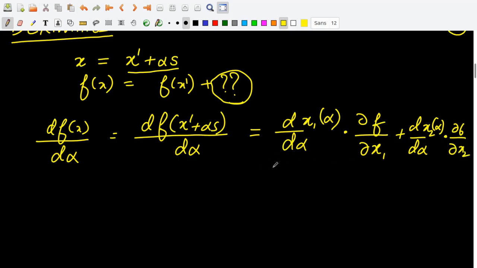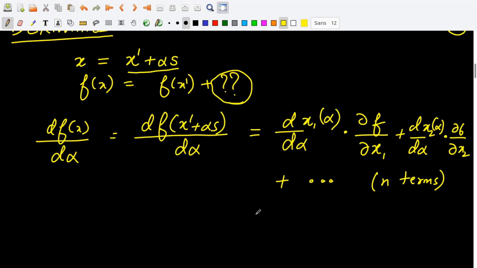With respect to x2 and so on and so forth, I will have n terms in all. This is our chain rule in action in multiple dimensions.